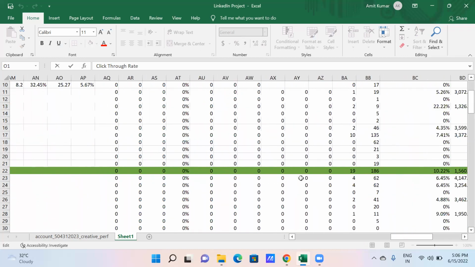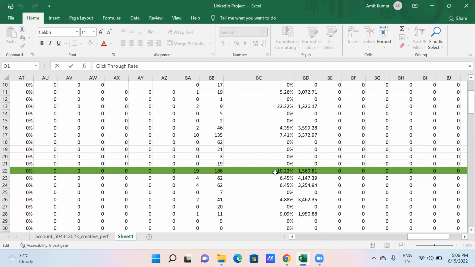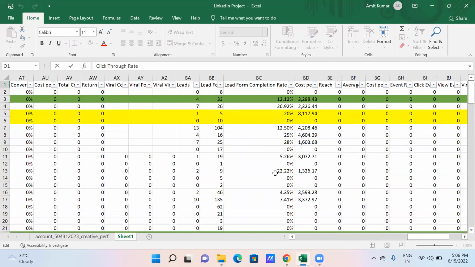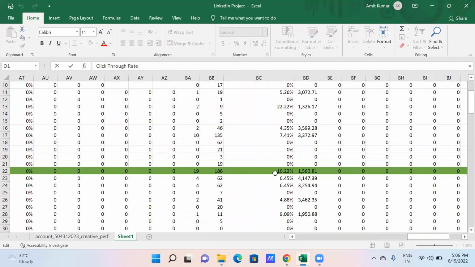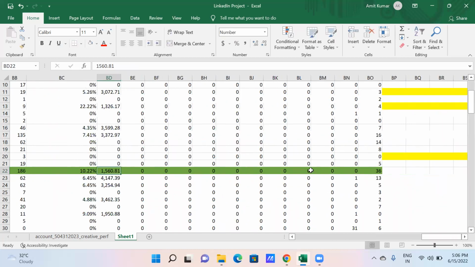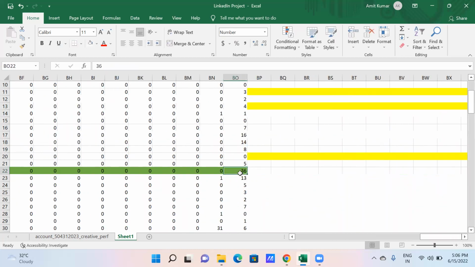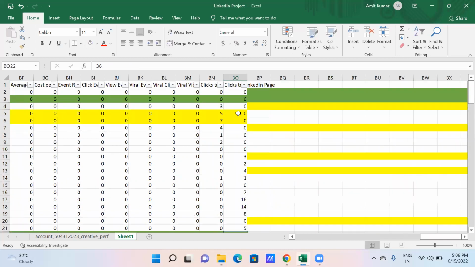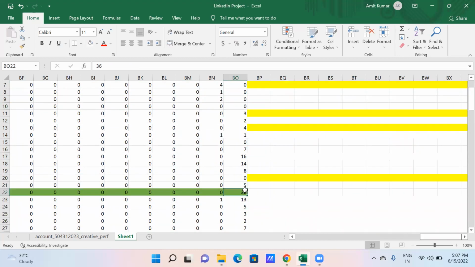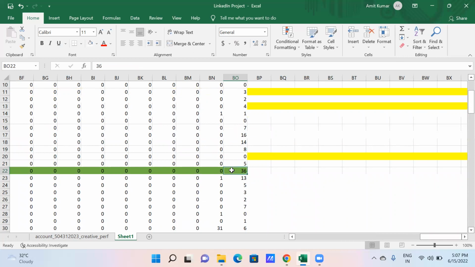If you check the final lead completion, this is very good, 10.22. This one is also very nice. And finally, the most important for me, clicks to the LinkedIn page, this is also very good.